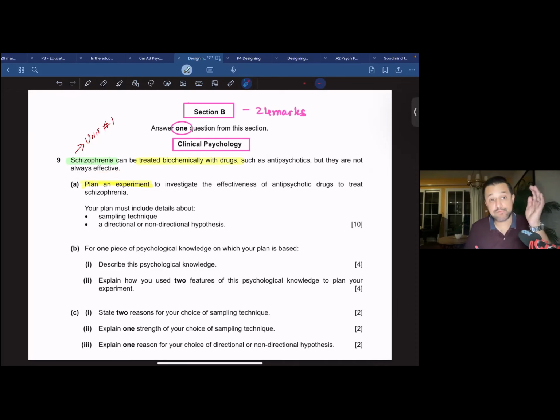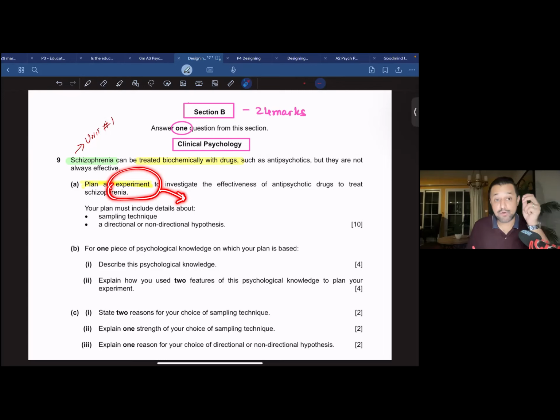Once you've understood the statement, move on and let's have a look at what the question demands. Plan an experiment. Remember, I had said typically the examiner specifies what particular research method to use. Now, in this case, the examiner wants you to plan up a study through an experiment.